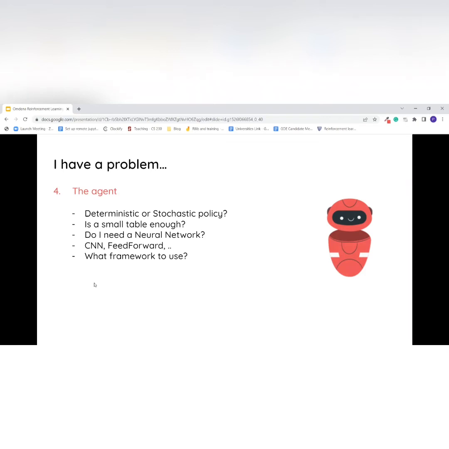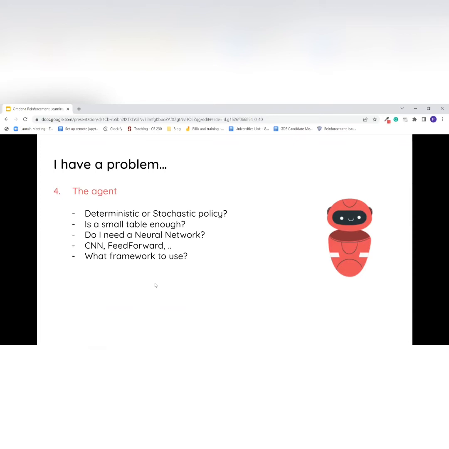So from that came DQN, which is deep Q networks, which comes to the third question: do I need a neural network? With a neural network, we will have function approximation, and instead of storing everything in the table, we will use the neural network to output either the probabilities or the best action accordingly.